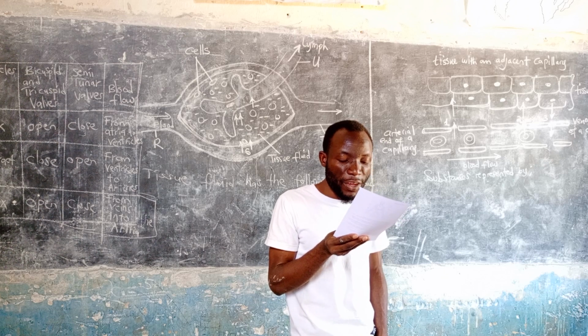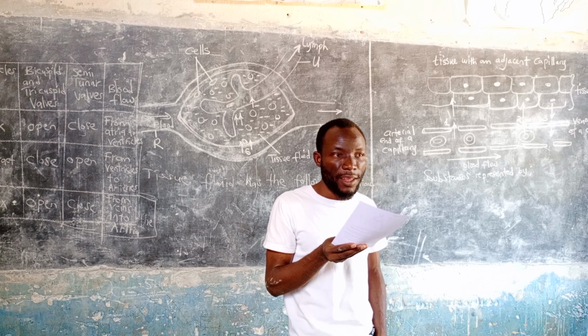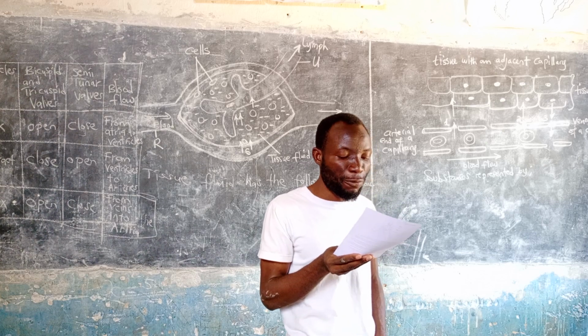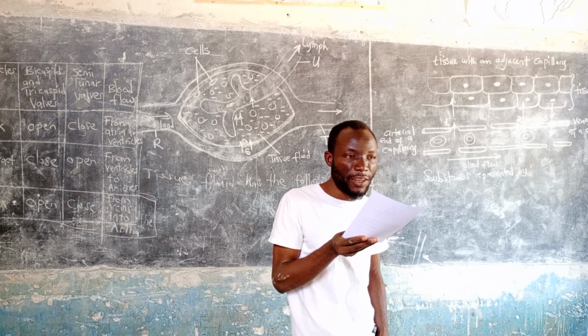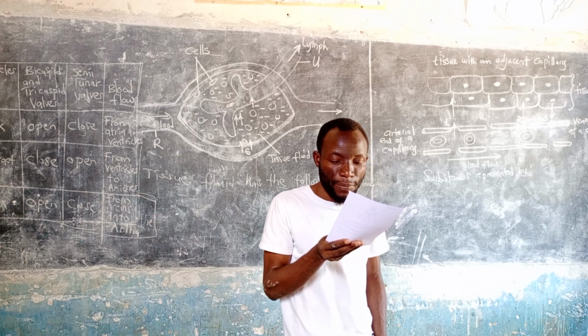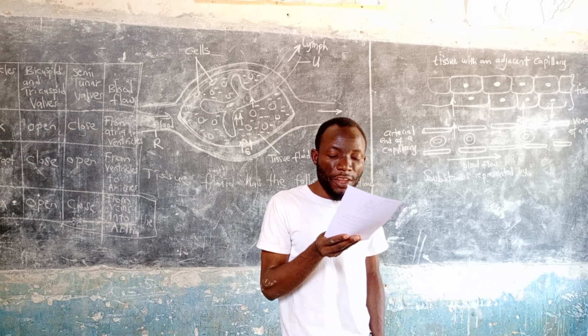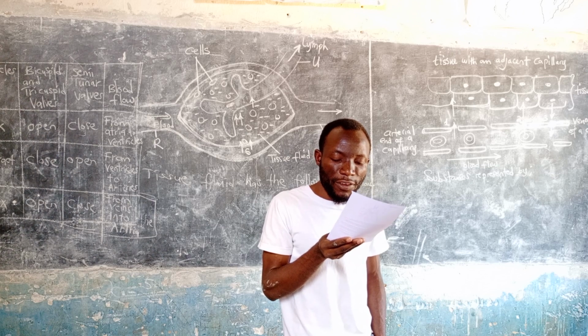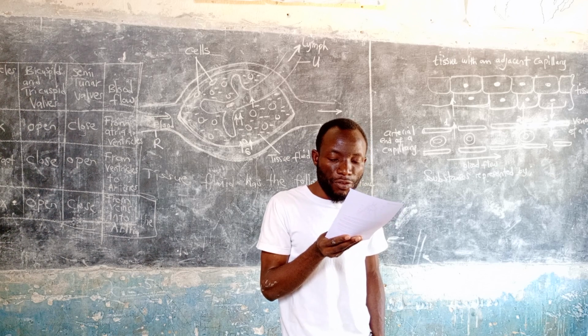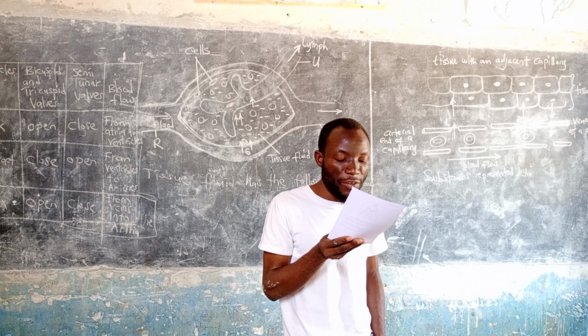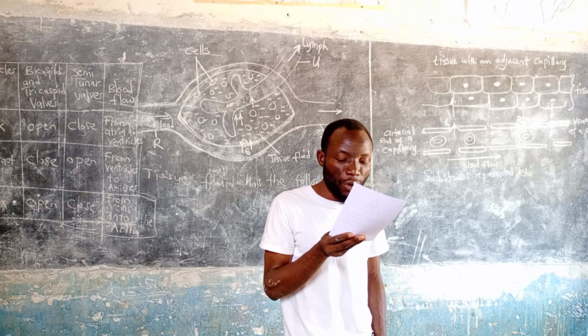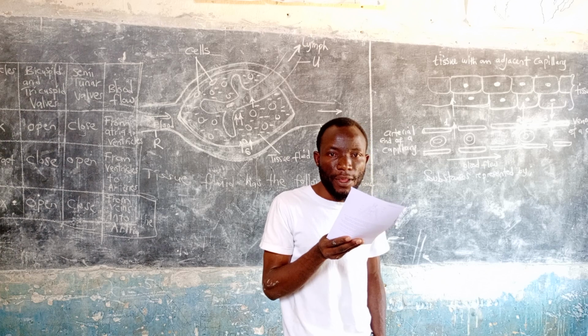The biggest lymphatic vessel is called the thoracic duct. Are we together? That's the biggest lymphatic vessel. Now, each thoracic duct drains lymph into a subclavian vein near the junction of the neck and the arm.